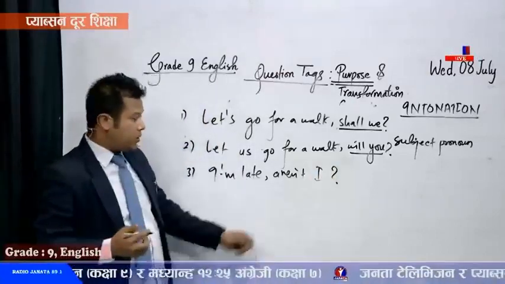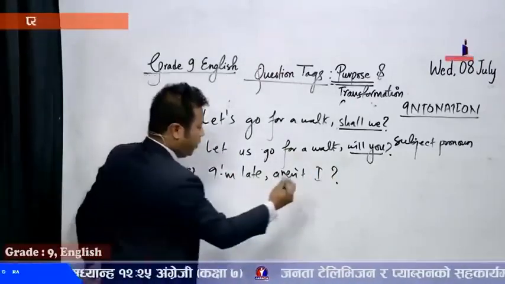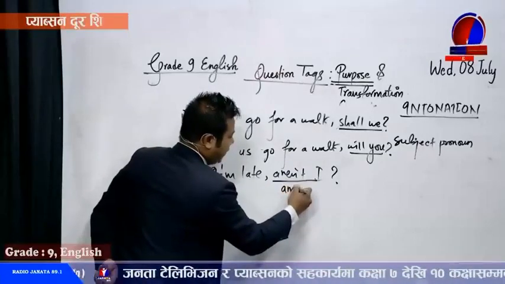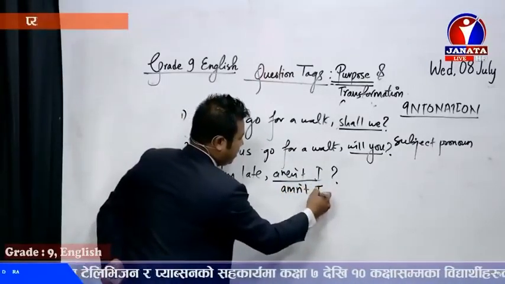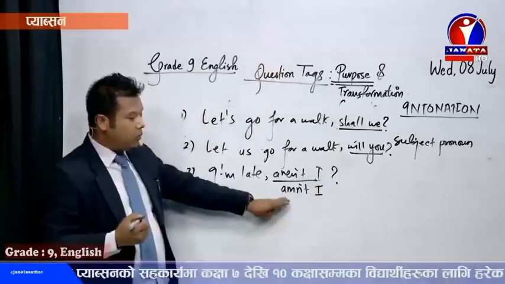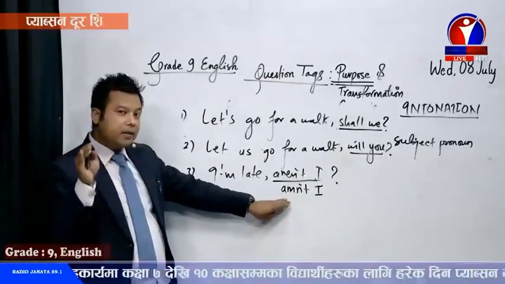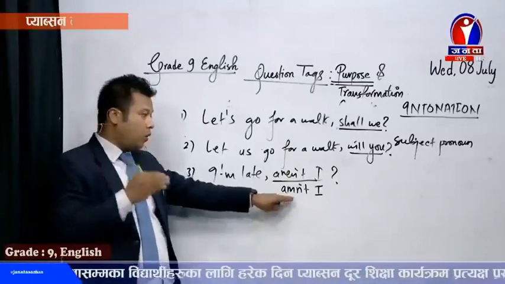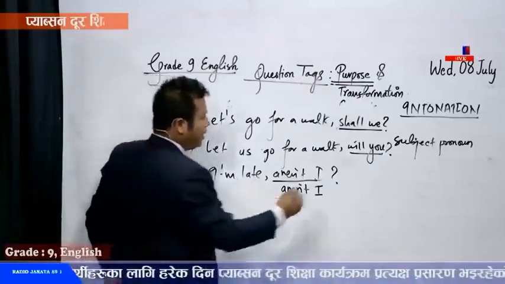Many students have questions: why aren't I? There are options that you take in your exams, and instead of aren't I, they give you this particular word. But why don't we use this? For right now, I just explained that we don't use this because it is not in the rule. Why not in the rule?